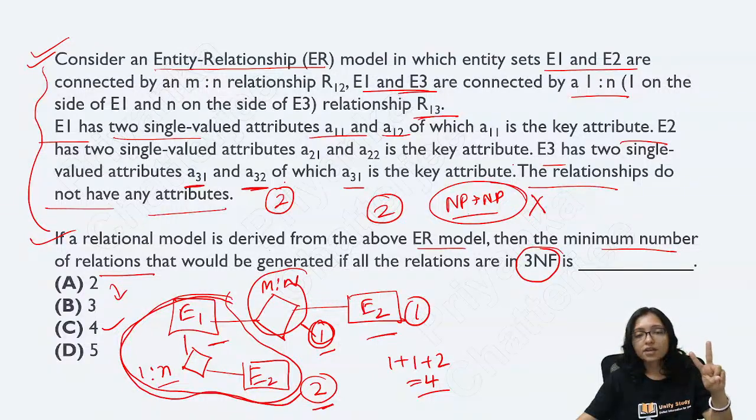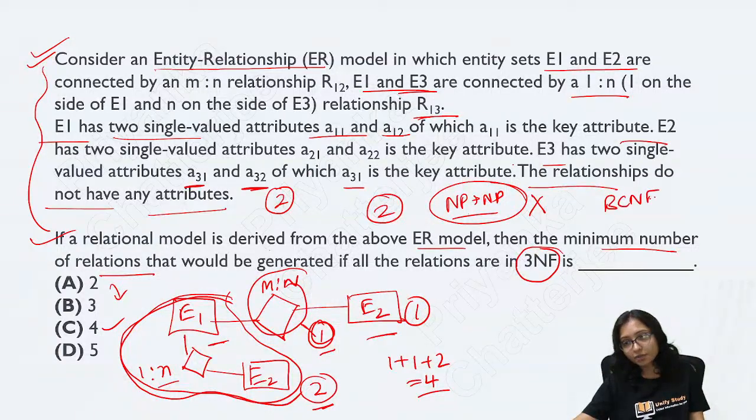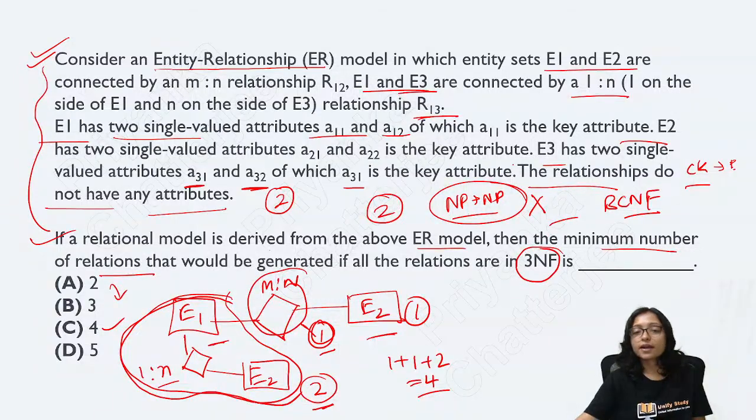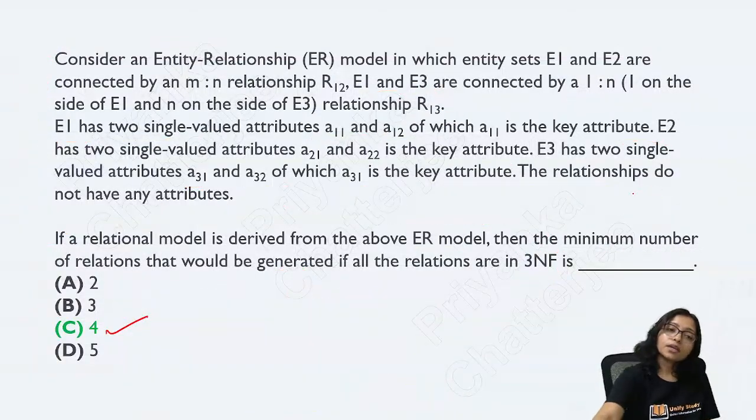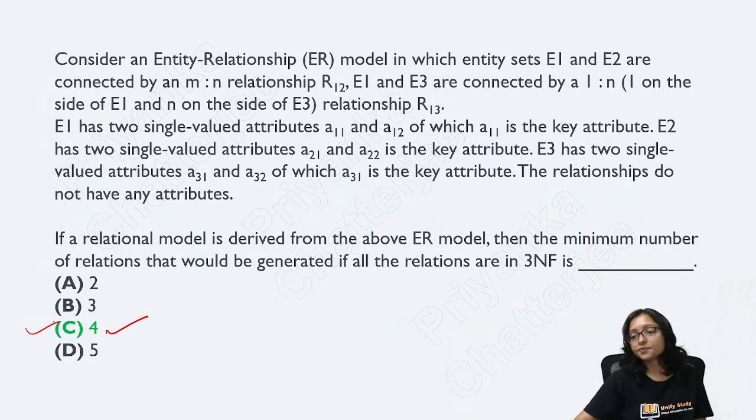Whenever there are 2 attributes, then it will be definitely in BCNF actually, because one will be your candidate key, another one will be your non-prime attribute. Right, so definitely it will be in BCNF for 2 attributes, and here there is no chance. So that's why this answer will be 4. Is that clear?